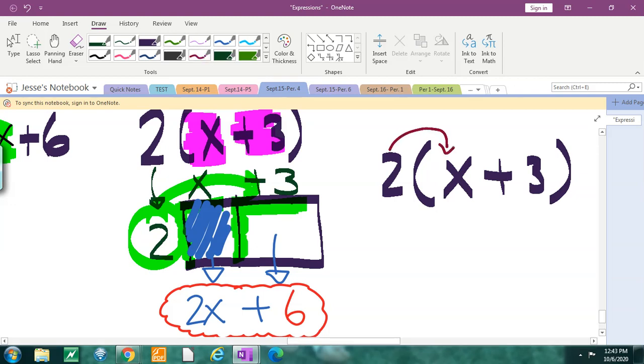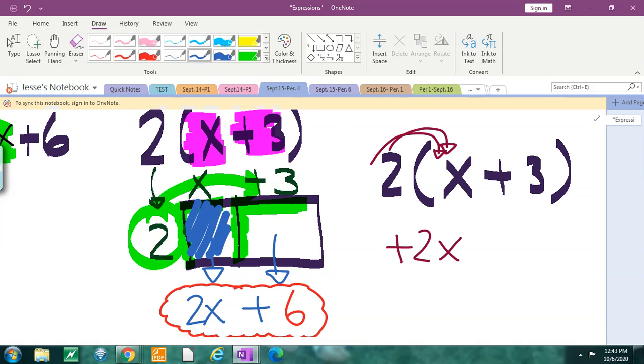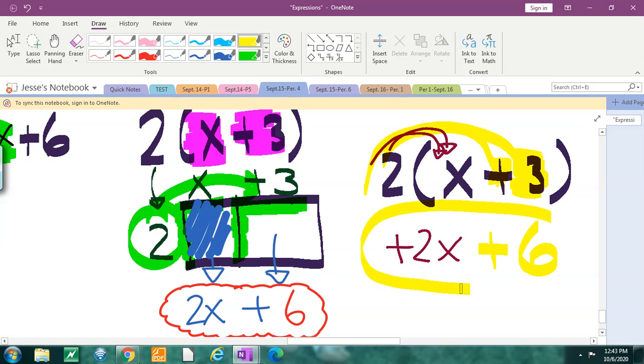But remember, positive times positive is positive. 2 times x is 2x. Now I'm going to do a different color. Positive times positive is positive, and then 2 times 3 is 6. See that? You get the same answer.